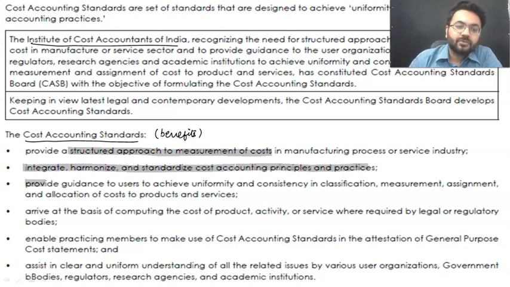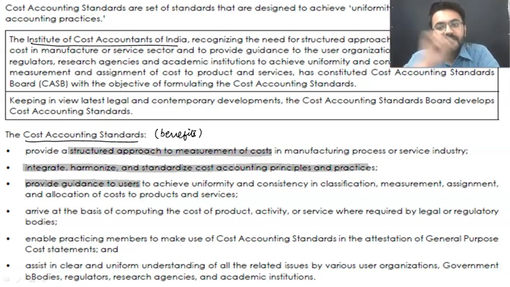Apart from that, they also provide guidance to the users so that they can have consistency in the classification which we are going to talk about. So we'll be talking about cost accounting standard number 1. There I'm going to tell you what the various classifications are, how we are going to classify a particular cost, and how it will be divided on the basis of nature, for example fixed cost and variable cost.